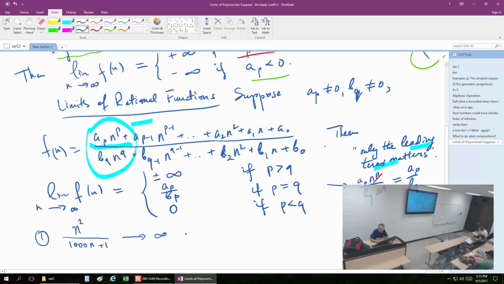Okay, number two is the example we just had, but just for a change, n cubed.